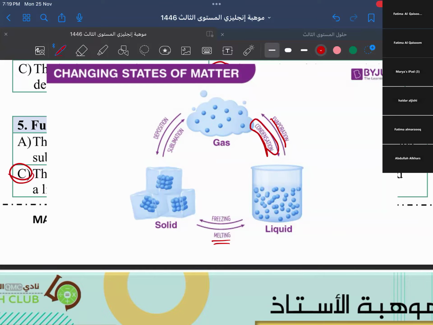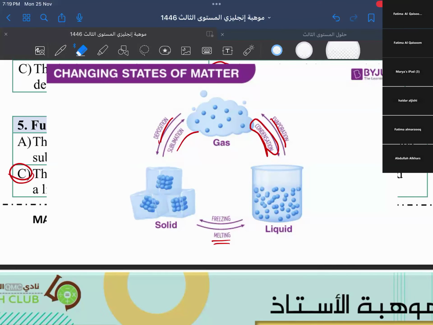You know, as in when air condenses on cold stuff and forms droplets. Okay, and sometimes the solid goes directly into gas, which is called sublimation, and gas goes directly into solid, which is deposition. Okay, so this one you have to keep in mind.